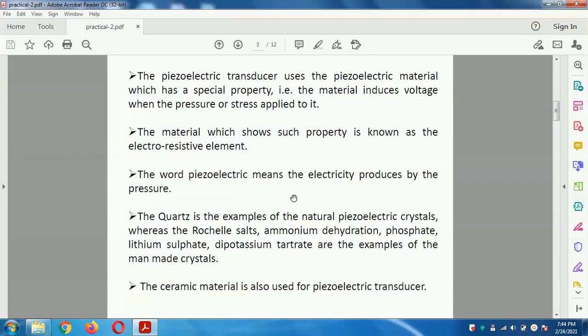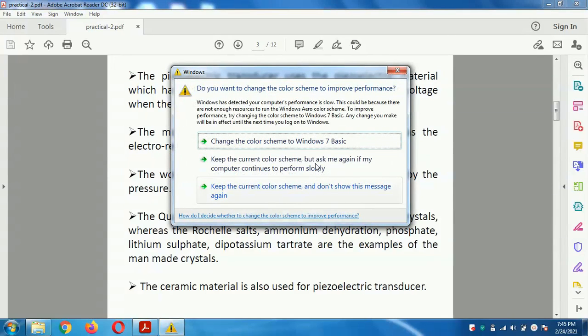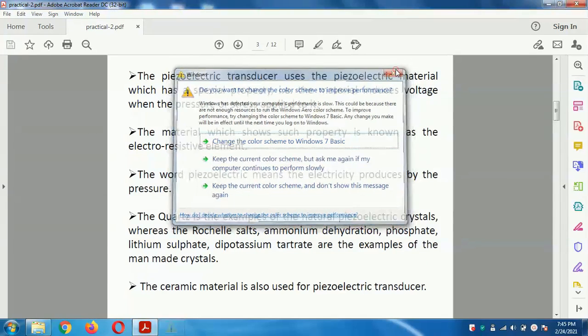The piezoelectric transducer uses piezoelectric material which has a special property: the material induces a voltage when pressure or stress is applied to it. That means when force is applied on the material, it induces electric charges or electric currents.